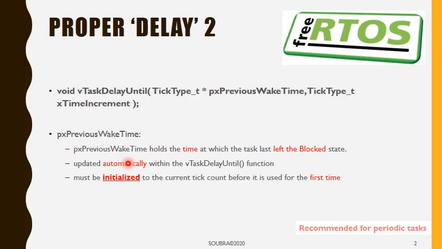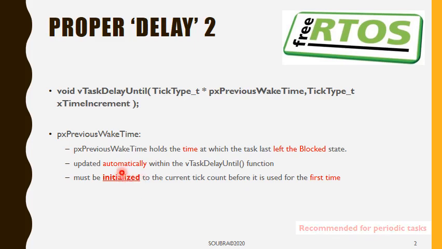However, the very first time that your task enters the running state, it has never spent any time in the block state, hence you need to initialize it yourself. So inside the body of your function, that is the body of the task, you should initialize it for the very first time.